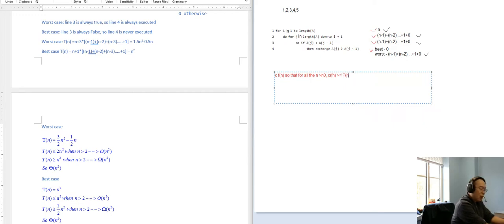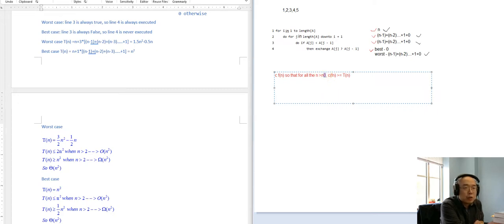So this is an upper bound. So if we have T(n) as a curve, then we want to find a constant c multiplied by f(n), and then c·f(n) is always going to be higher than T(n) after a certain point n0.